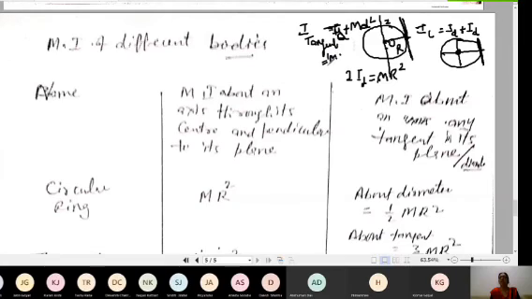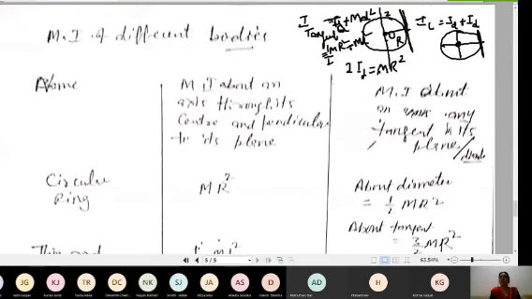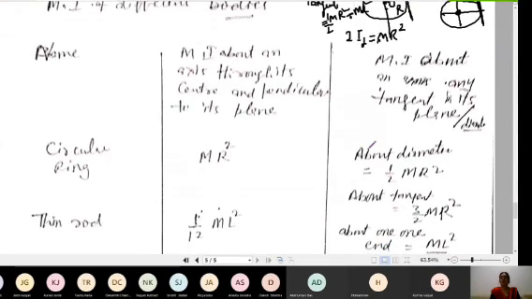So this is half mr square plus mr square, which equals 3 by 2 mr square. If they ask about this tangent parallel to the z-axis, then of course it will be twice mr square. If they are asking about an axis tangent in its plane, then it will be 3 by 2 mr square. So you have to read what they are asking in both cases.